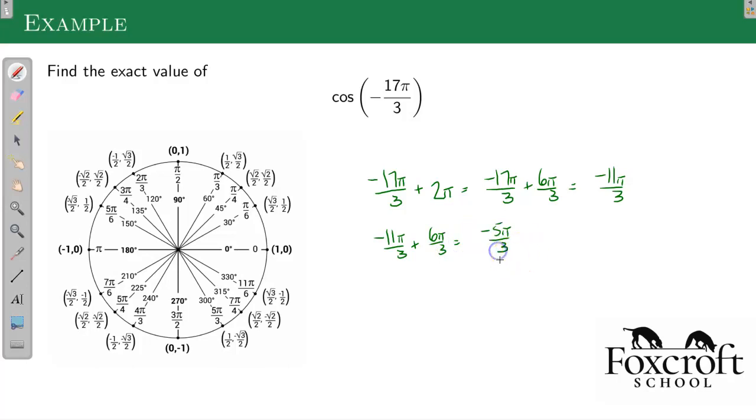Still negative, so we have to do it again. And after all that work, I figure out negative 17 pi over 3 is the same as just pi over 3. I'm doing cosine, so I take the x value. My final answer is 1/2. So you might have to do a little bit of work with coterminal angles, but finding the x and y value, once you locate an angle that's on your unit circle, just remember cosine is x, sine is y.